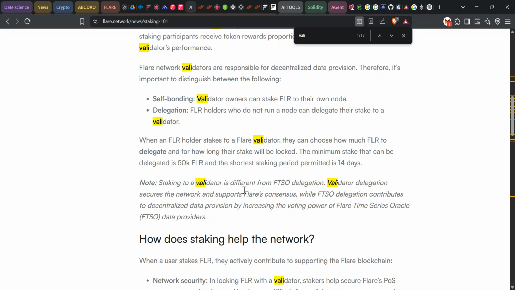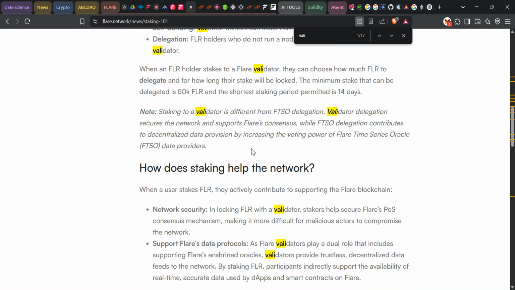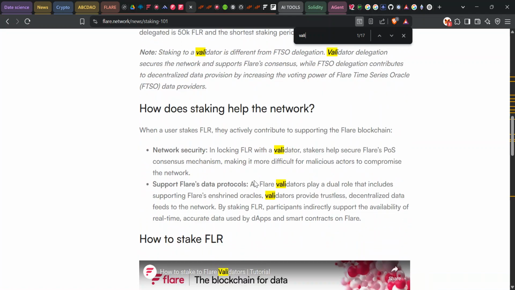The minimum stake that can be delegated is 50k Flare, and the shortest staking period permitted is 14 days. Please note, staking to a validator is different from Flare Time Series Oracle delegation. Validator delegation secures the network and supports Flare's consensus model, while FTSO delegation contributes to decentralized data provisioning by increasing the voting power of the Flare Time Series Oracle providers.